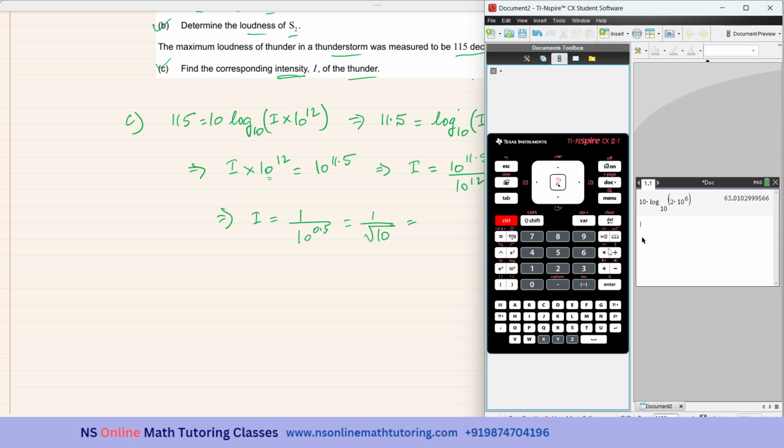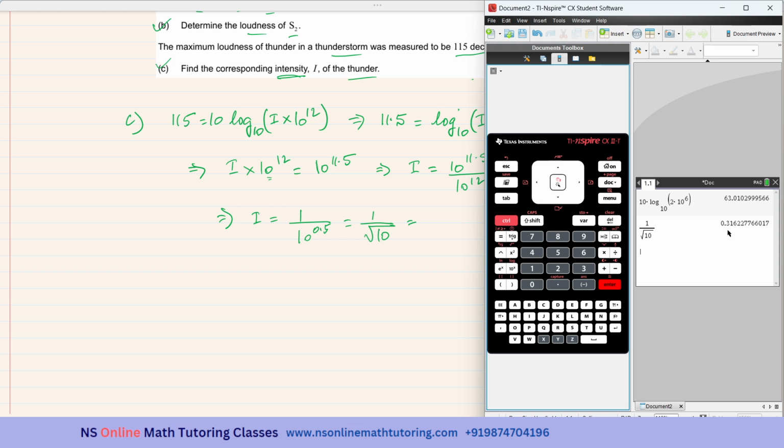So it is 1 divided by square root of 10. It is 0.316, correct to 3 significant figures.